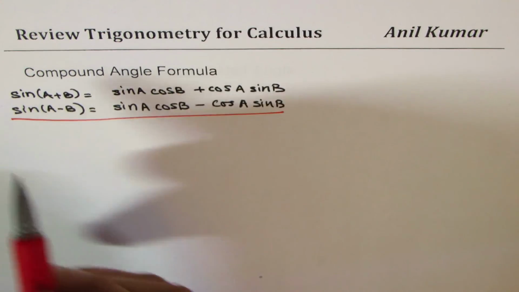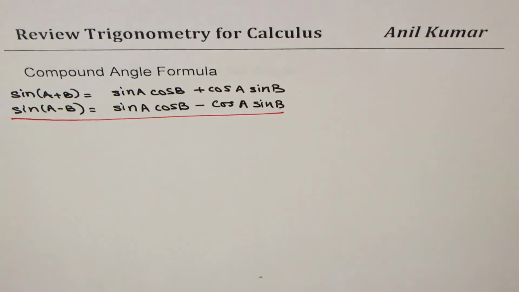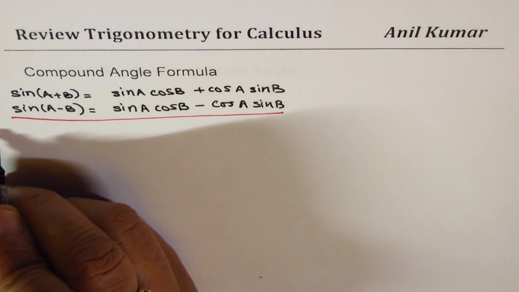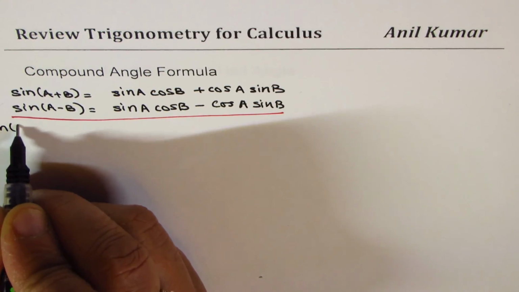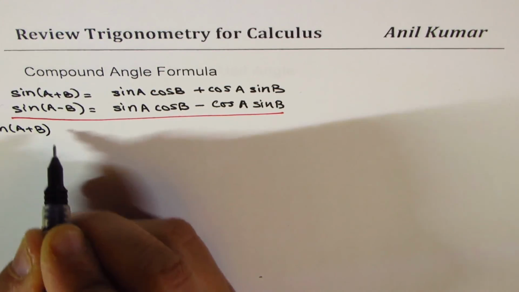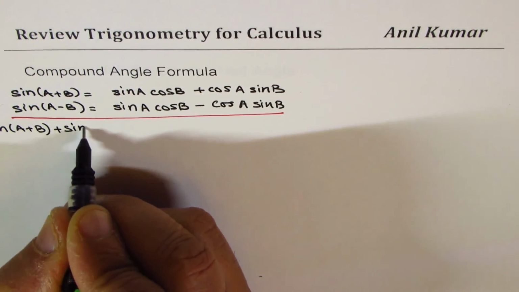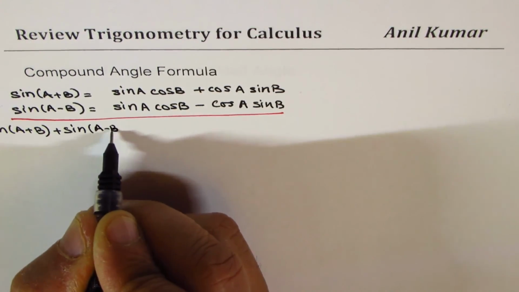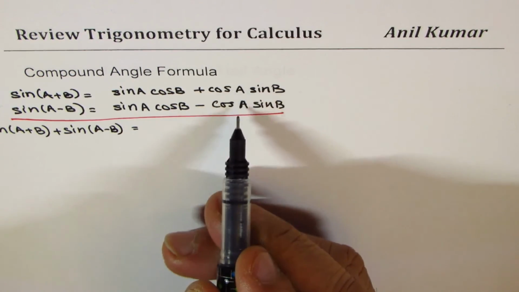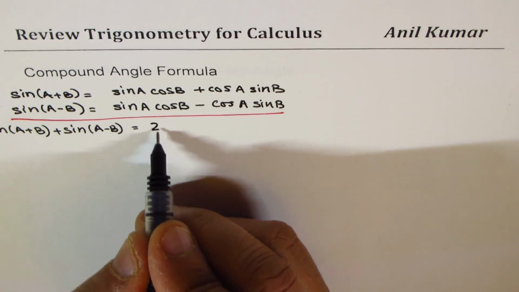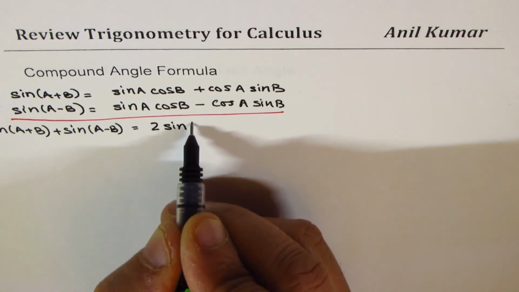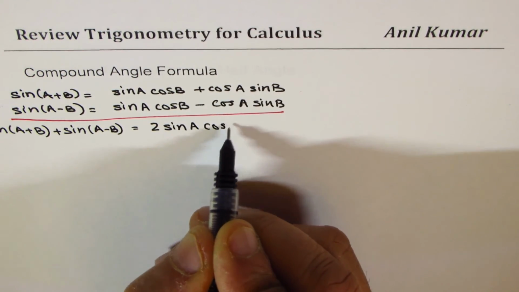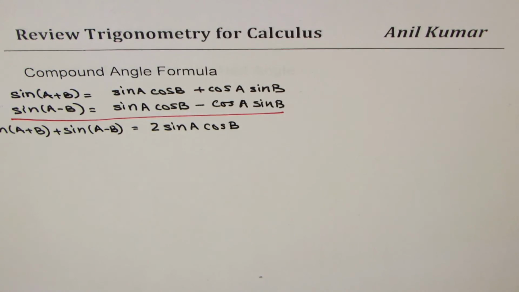We could add them, right? So if I add them, I get sine of A plus B plus sine of A minus B equals, these two terms cancel, so I get 2 sine A cos B, correct?